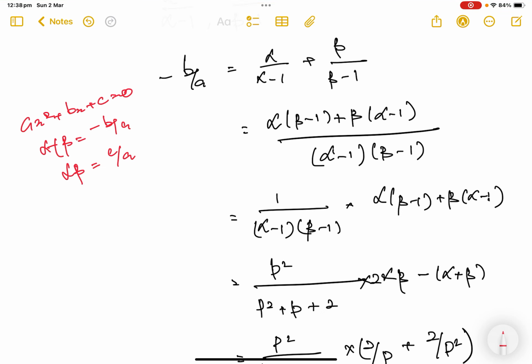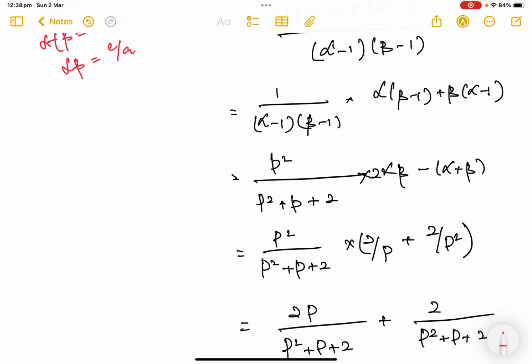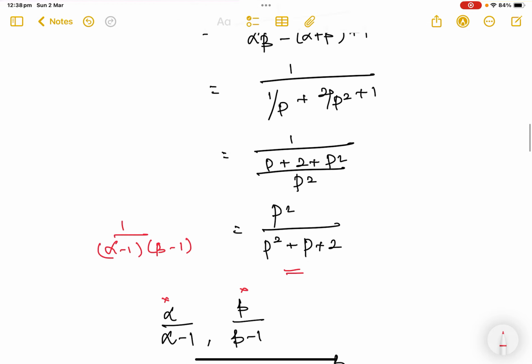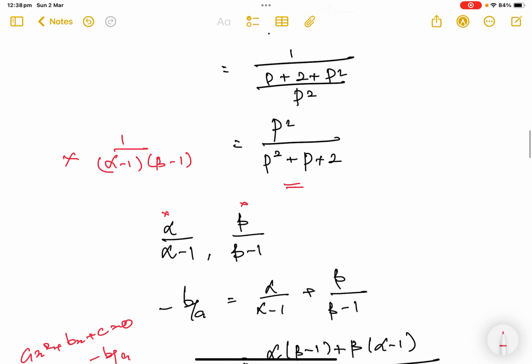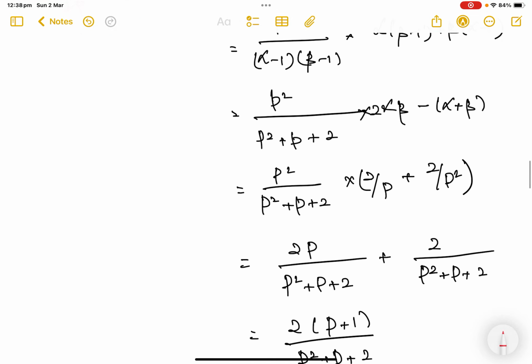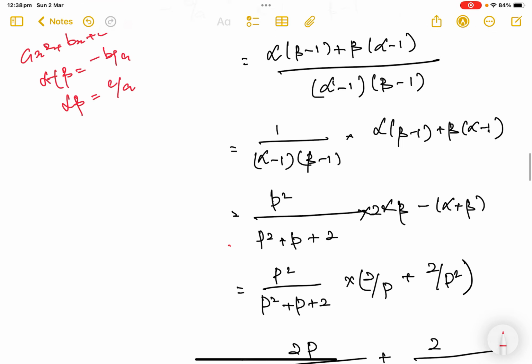So the denominator becomes alpha minus 1 times beta minus 1, and the numerator is alpha times beta minus 1 plus beta times alpha minus 1. I purposely take 1 over alpha minus 1 times beta minus 1, and keep the numerator the same. We proved from the first part that this is p squared over p squared plus p plus 2. So I just substitute that here.